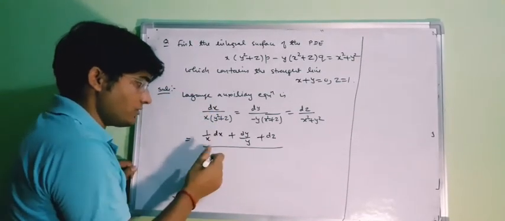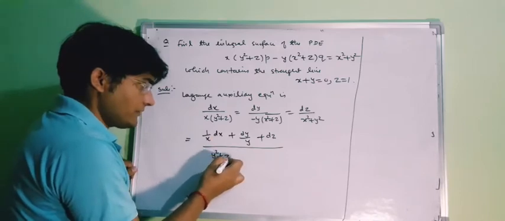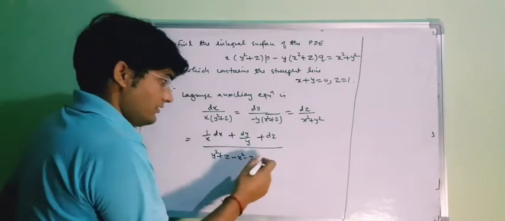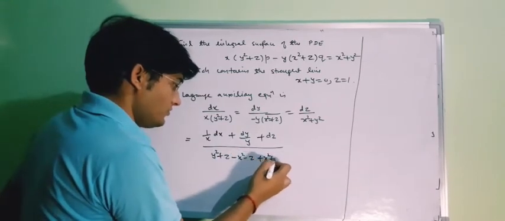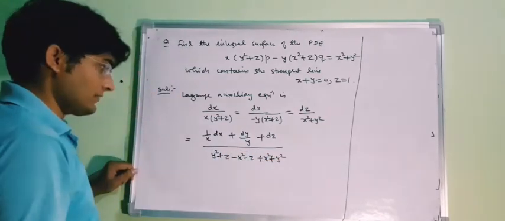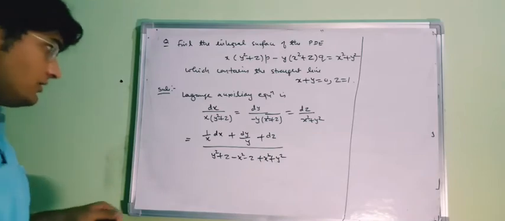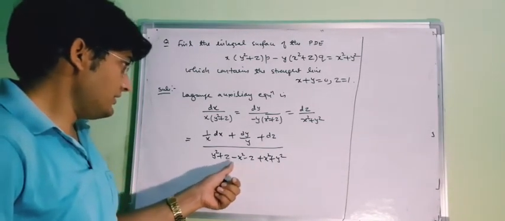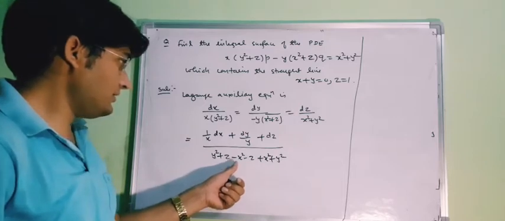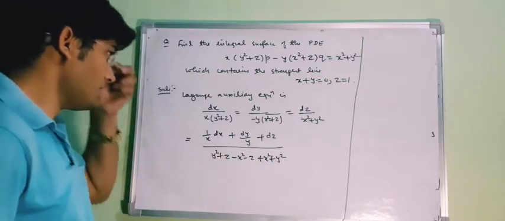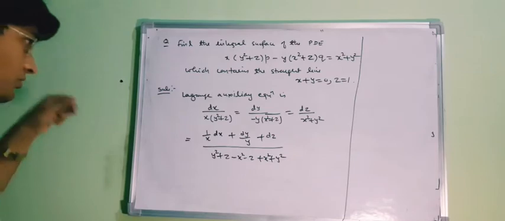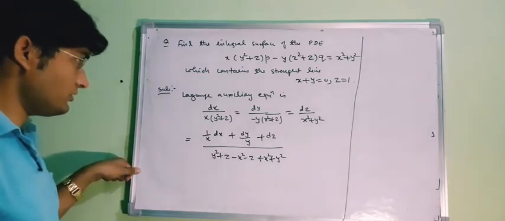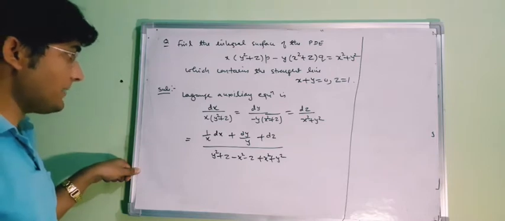Then in the denominator we will have y square plus z, minus x square minus z, and x square plus y square. So you can see that my x square is cancelled, z is cancelled, but this y square remains left. So I think this multiplier will not work, so we will have to change our multiplier.